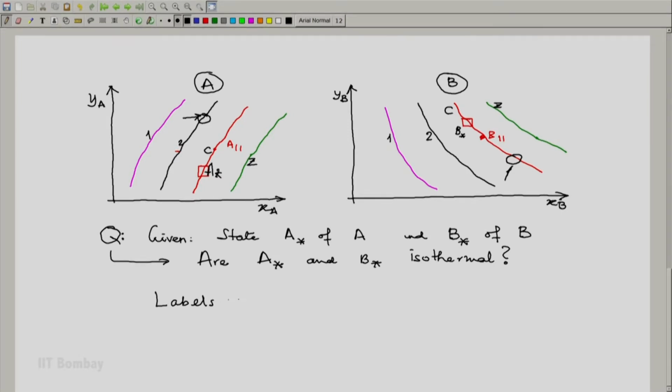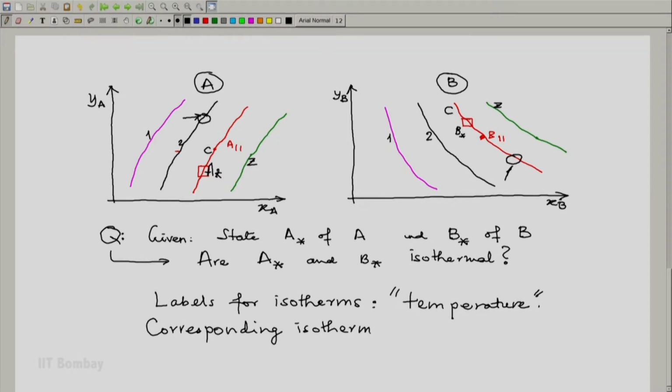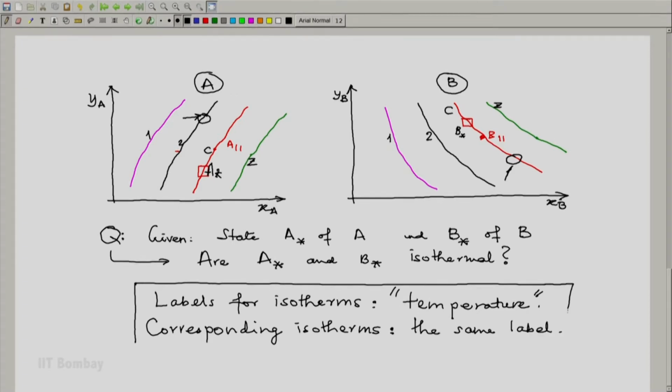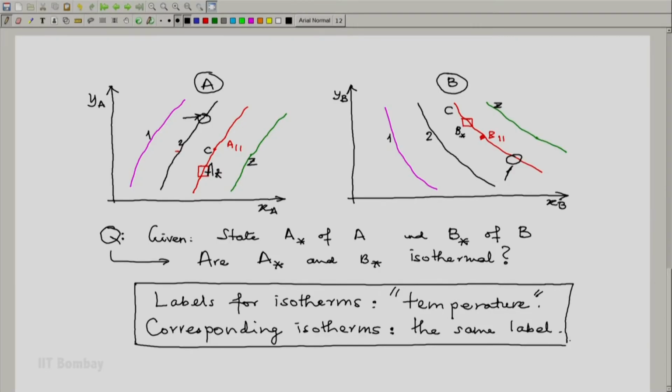These labels on isotherms are what we call temperature, and the requirement is that corresponding isotherms in the state space of any system should have the same label. This is important.